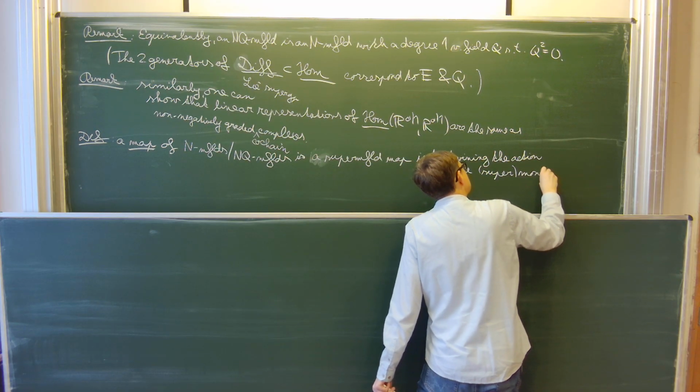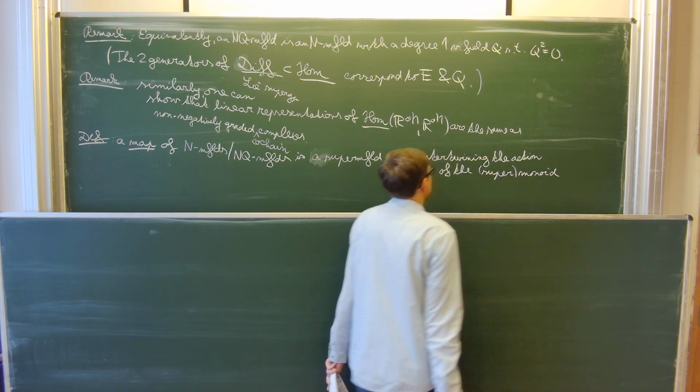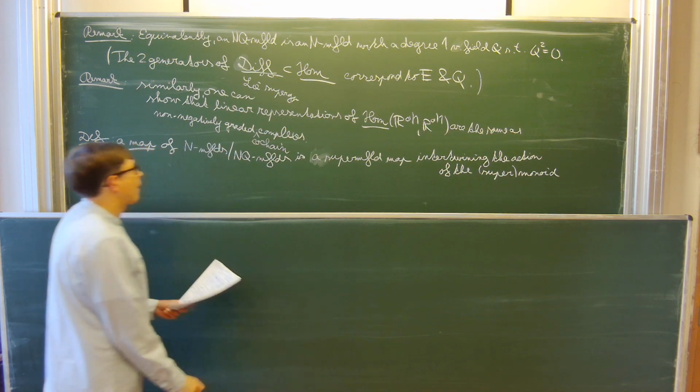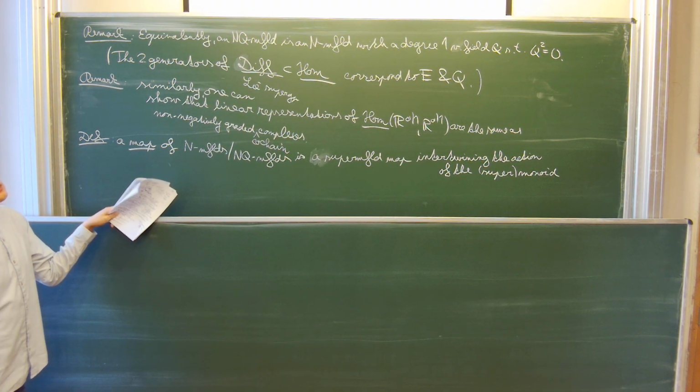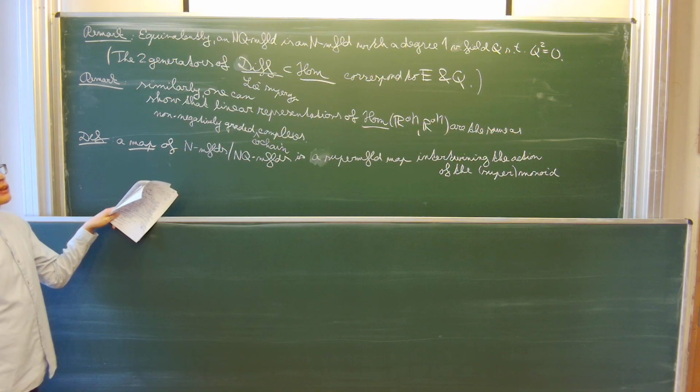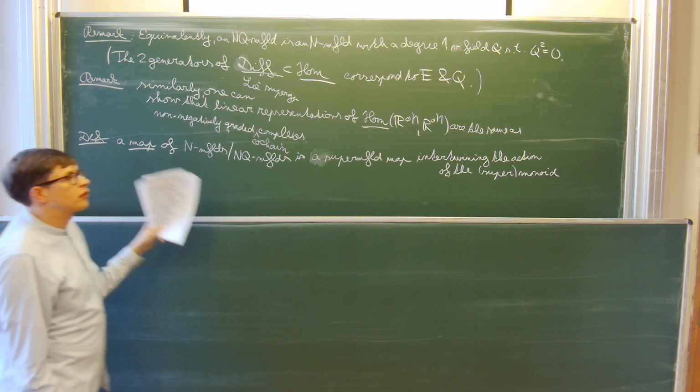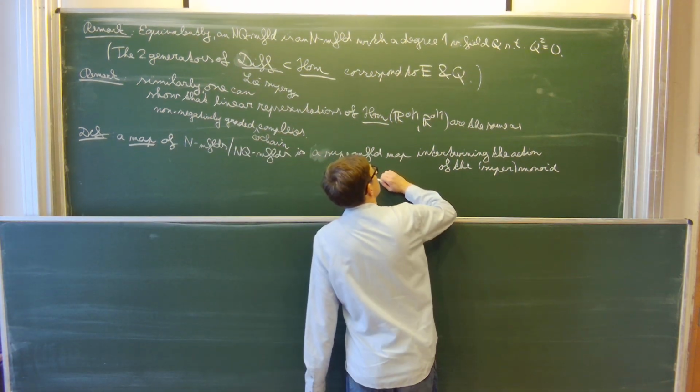In one case it's an ordinary monoid, and in the other it's the supermonoid. If we break this down, it just says that it commutes with the vector fields, like it preserves the vector fields E and Q.